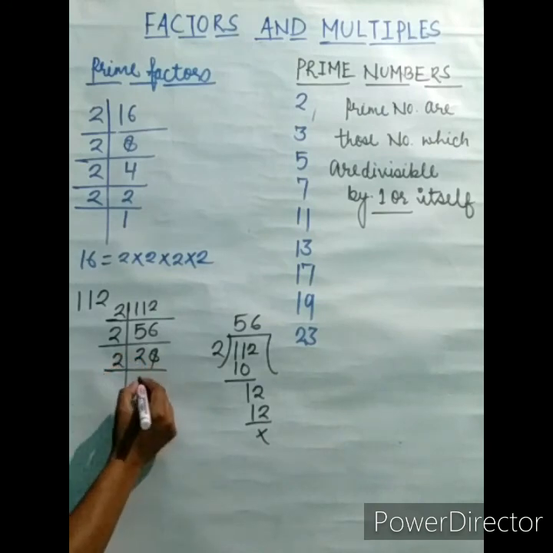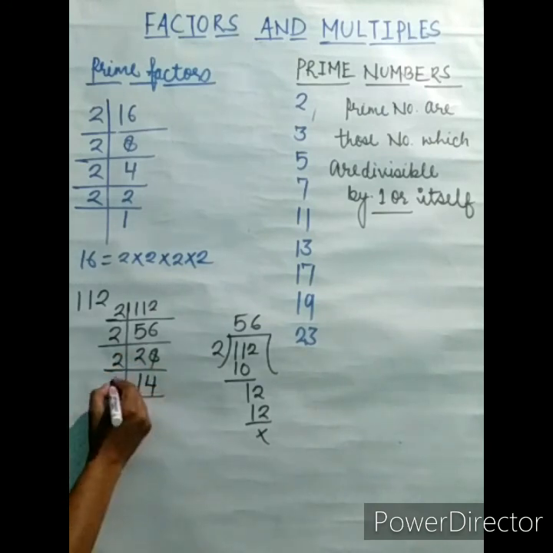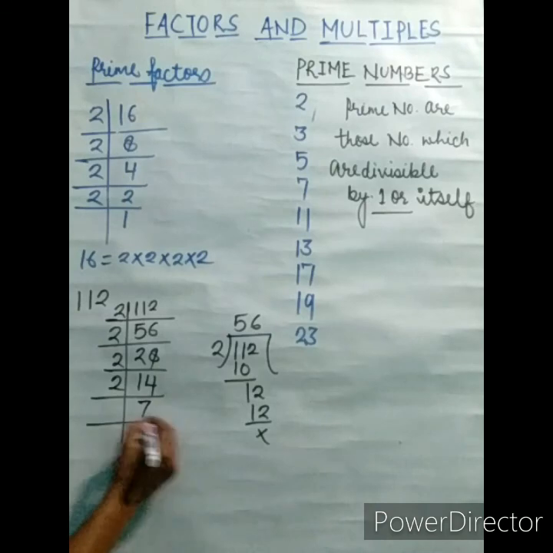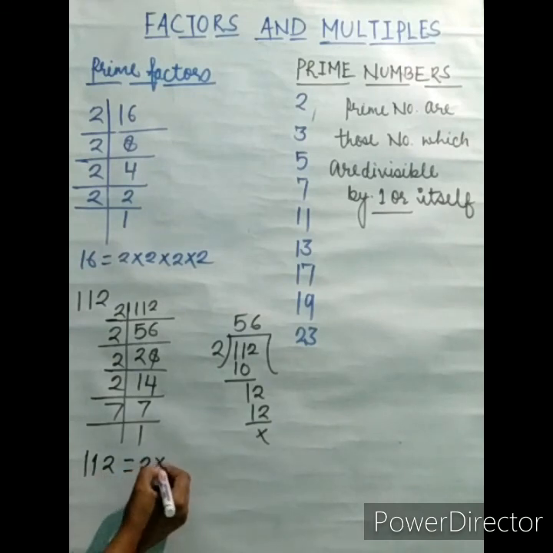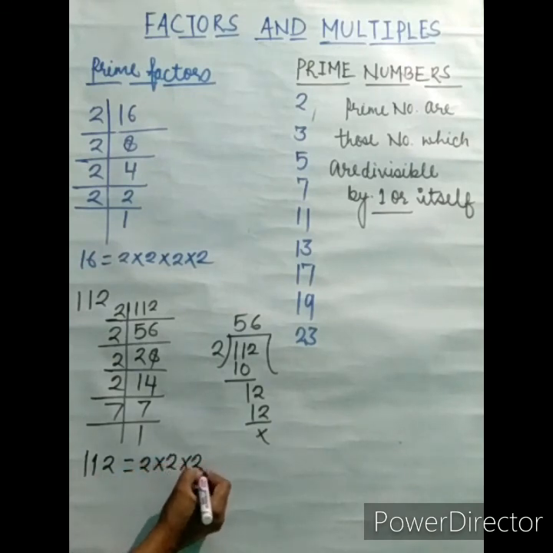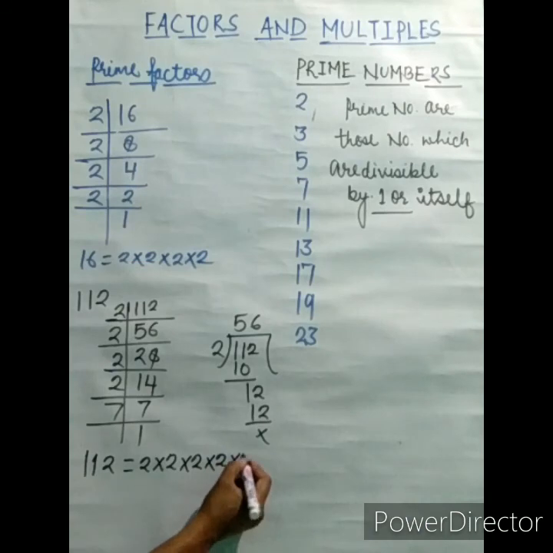Again by 2, 14 times, again 14 is divisible by 2, 7 times, then 7 1 time. So the prime factors of 112 are 2 multiplied by 2 into 2 into 2 into 7. These are the prime factors of 112.